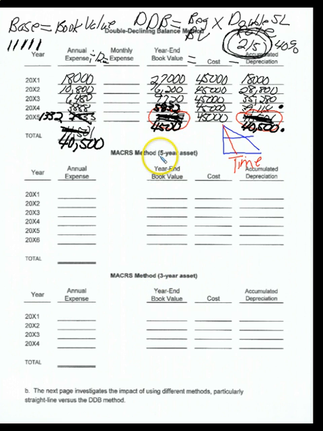Now, you'll determine what's a 5-year or 3-year asset by tax law, and then it's just kind of real easy. It's kind of interesting. We do not pay attention to the amount to be depreciated. We're going to depreciate the full cost. So for these assets, remember their cost is $45,000. We're going to depreciate a full $45,000.